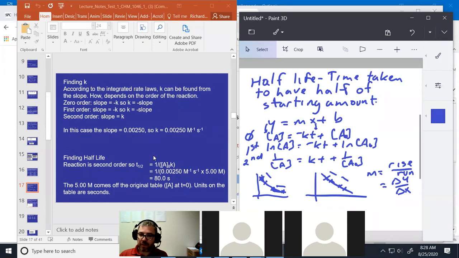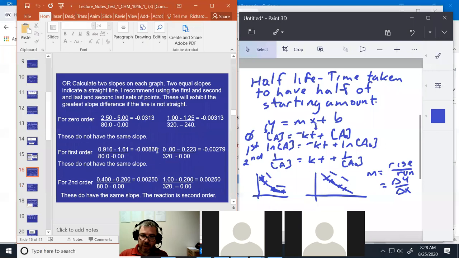The slope is what we're trying to find. And the slope is change in y over change in x. That's how we're getting the slope. It's going to be whatever you've got on the y-axis over the time. Is that okay? Alyssa, is that all right?